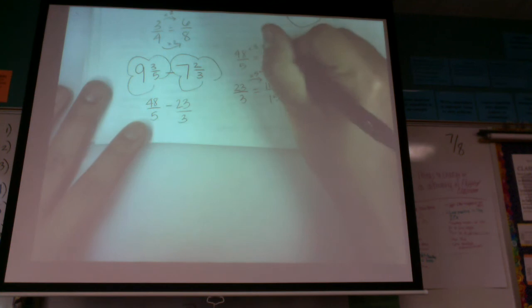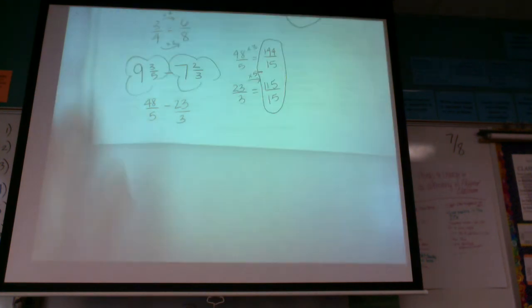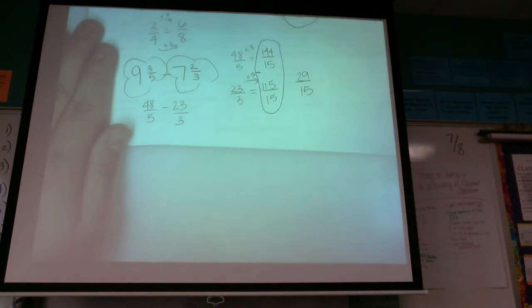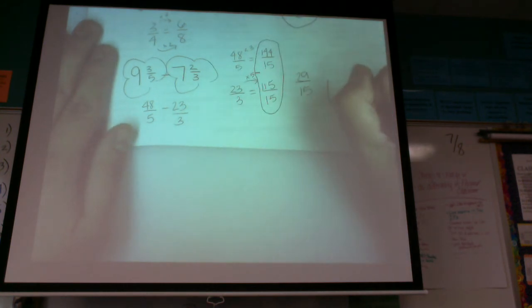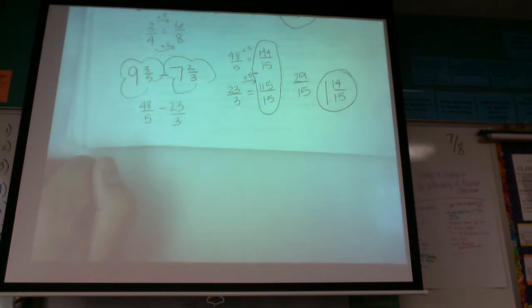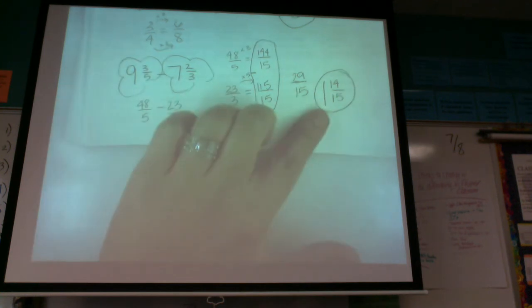So 144 minus 115 is going to be what we're going to type in to get 29/15. How many whole times can that go in there? Well, one whole time with 14 left over out of 15ths. So see, if you would have done 9 minus 7, you would have ended up with a 2 at the end, but we know it's going to be less than that here.